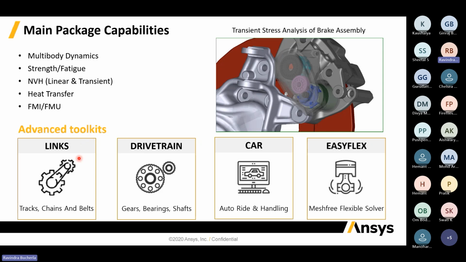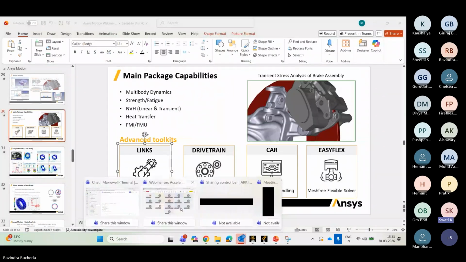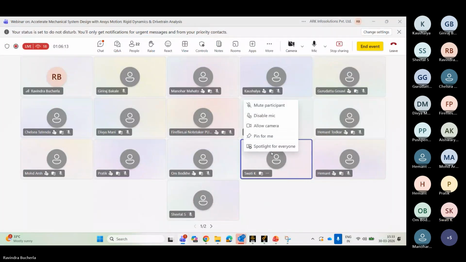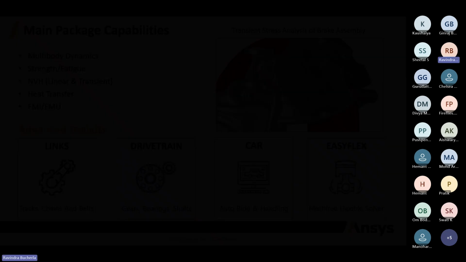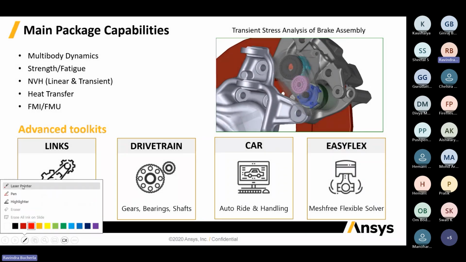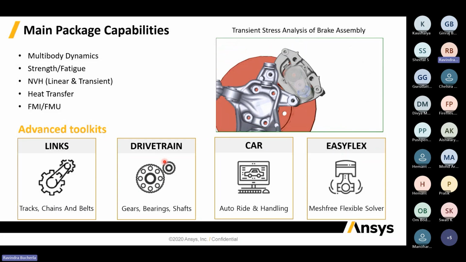Usually, if you want to create geometries like tracks, chains or belts, these kinds of links, or even gears, bearings, shafts, you don't need to create these geometries in CAD. Parts like shafts, bearings, gears, you don't need to create in CAD, which is the traditional way.